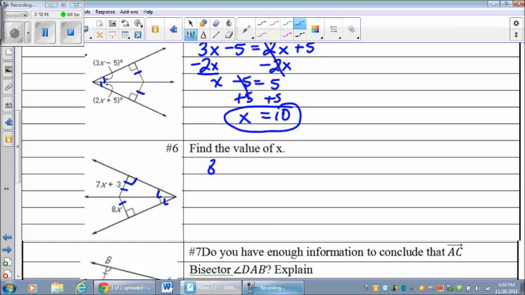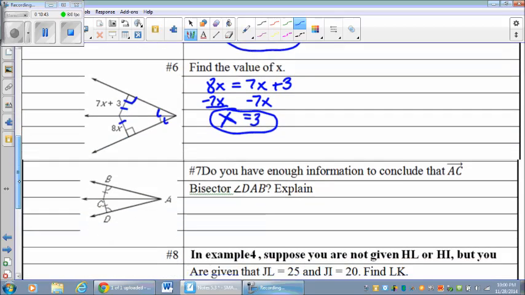So I'm going to do 8x is equal to 7x plus 3. I'm going to subtract the 7x, and that'll give me x is equal to 3. That would make those two segments equal to each other.